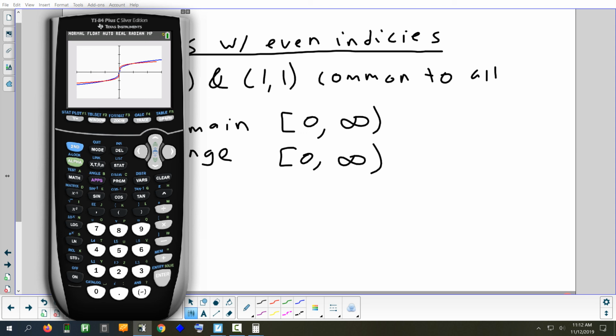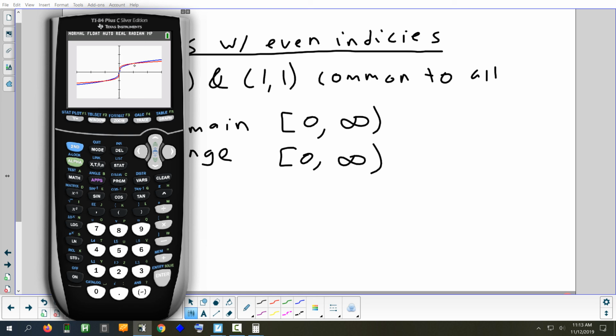But does anybody notice something about the intersections? Yeah. They intersect at -1, -1, 0, 0, and 1, 1. So these cross 3 times.